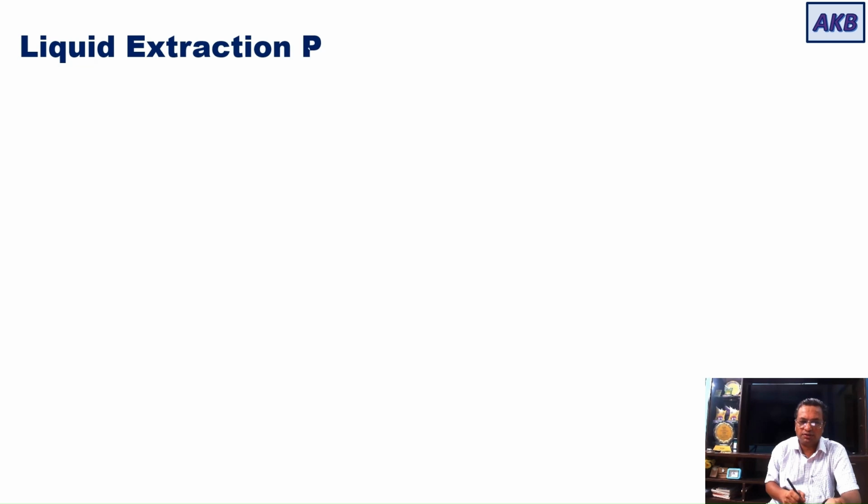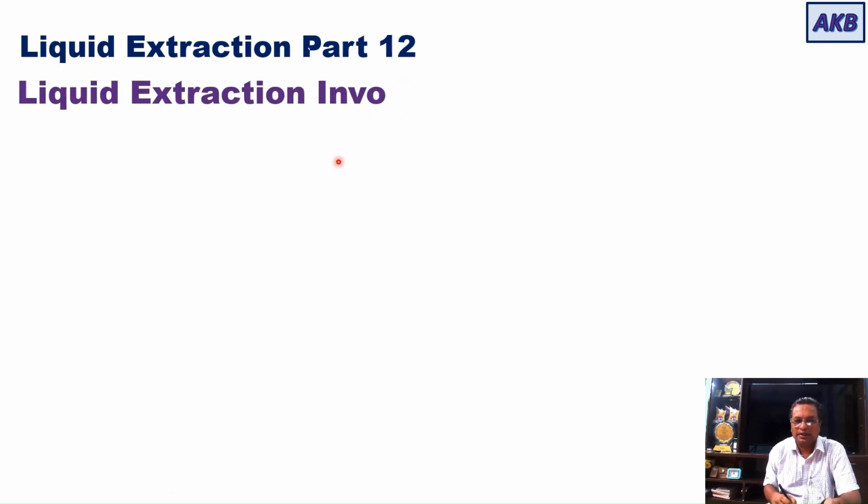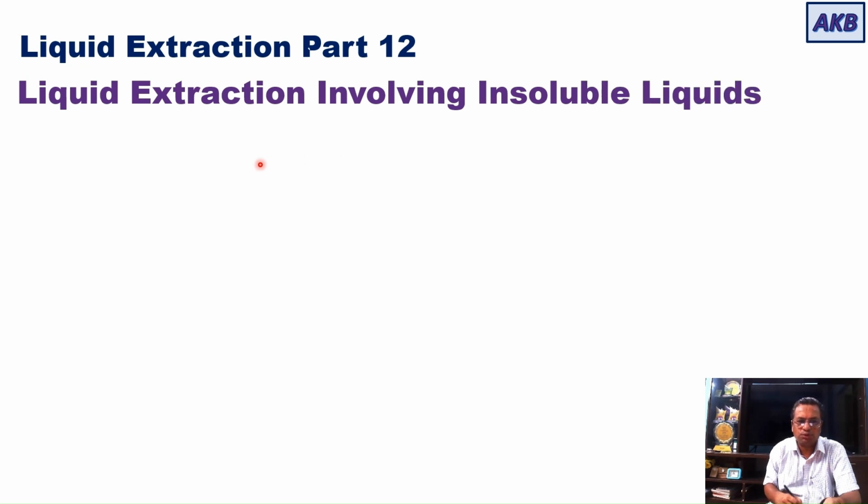This is the 12th part of my discussion on liquid extraction, and today I will talk about liquid extraction involving insoluble liquids. In this case, we will be considering a system of three liquids A, B and C. In my previous discussions, A and B were considered to be partially miscible in each other.